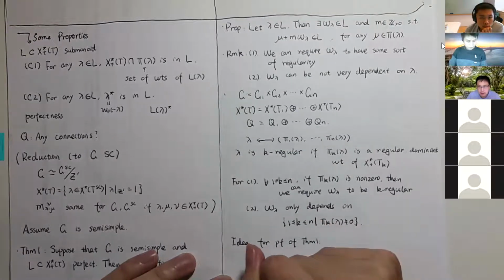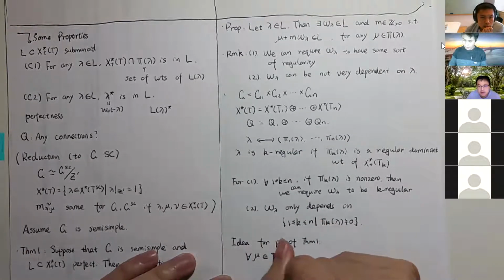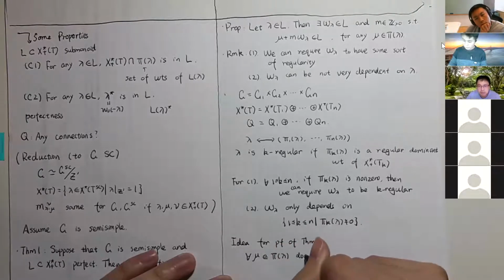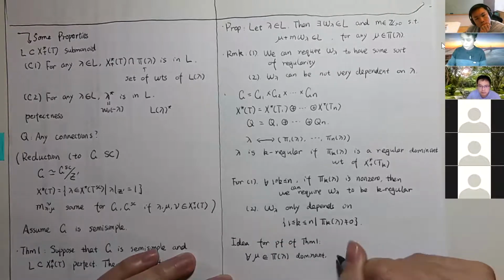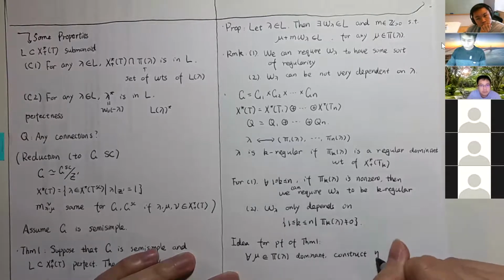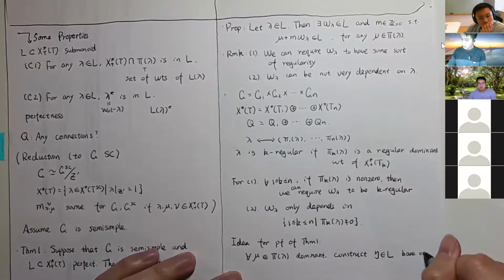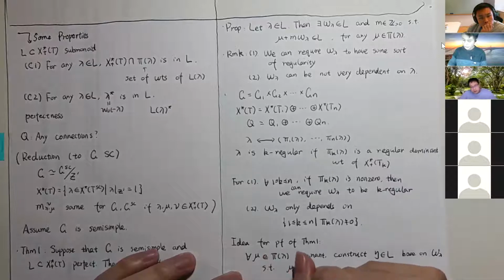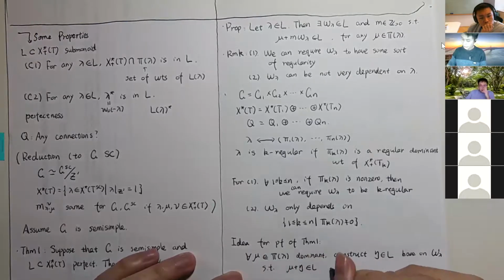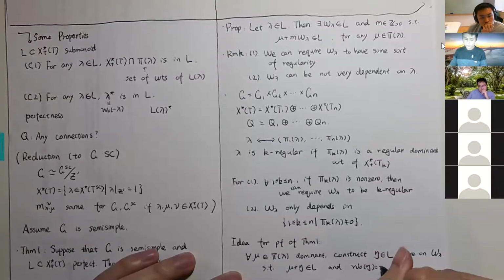For any dominant weight μ in Π(λ), we want to construct a dominant weight η in L based on ω_λ, such that μ+η is in L and w_0η is equal to −η.